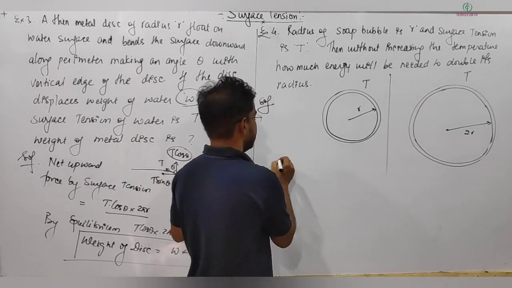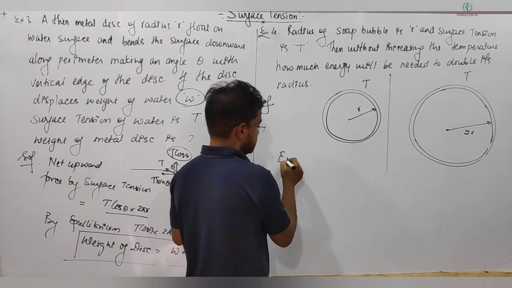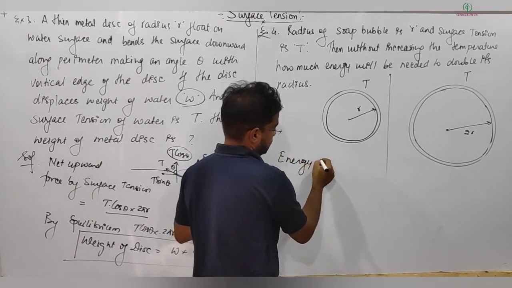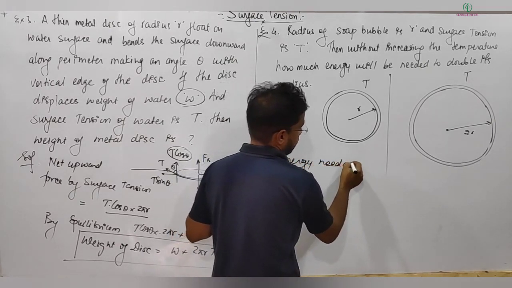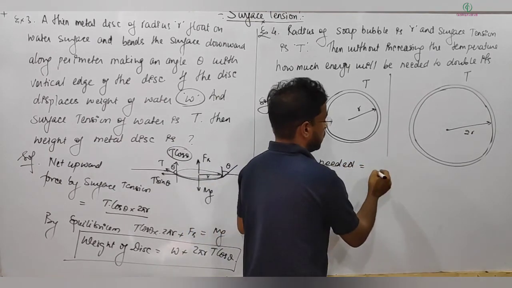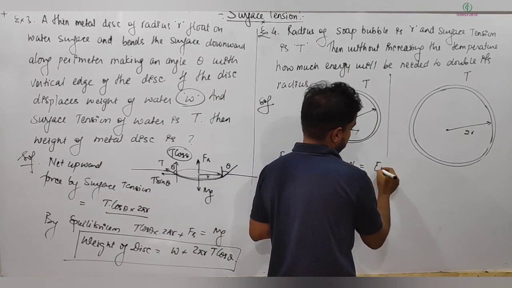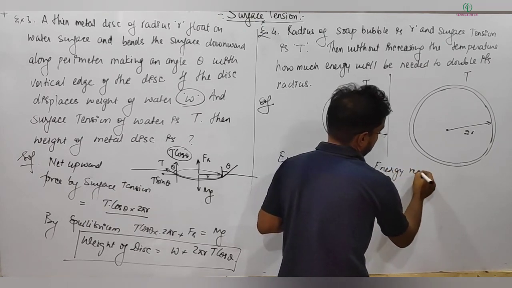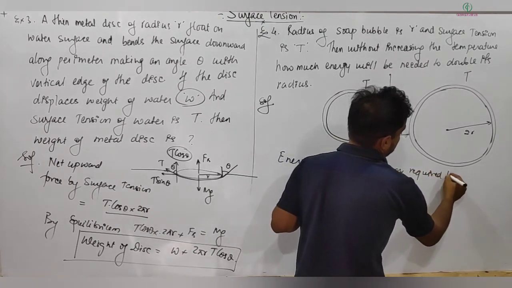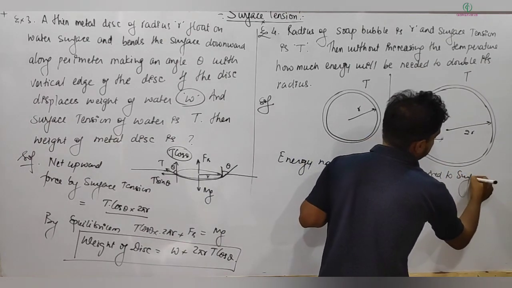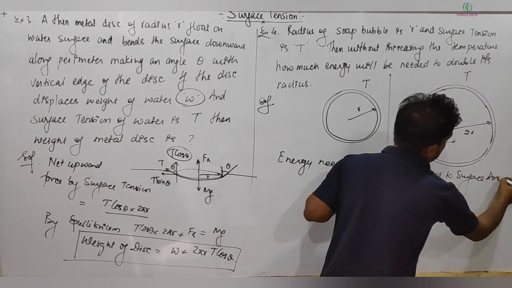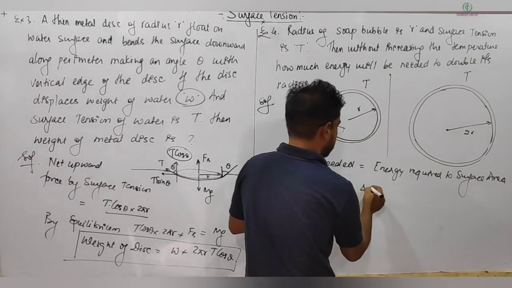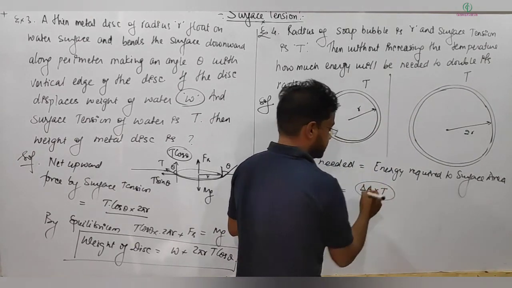So the energy required will be equal to delta A multiplied by surface tension.